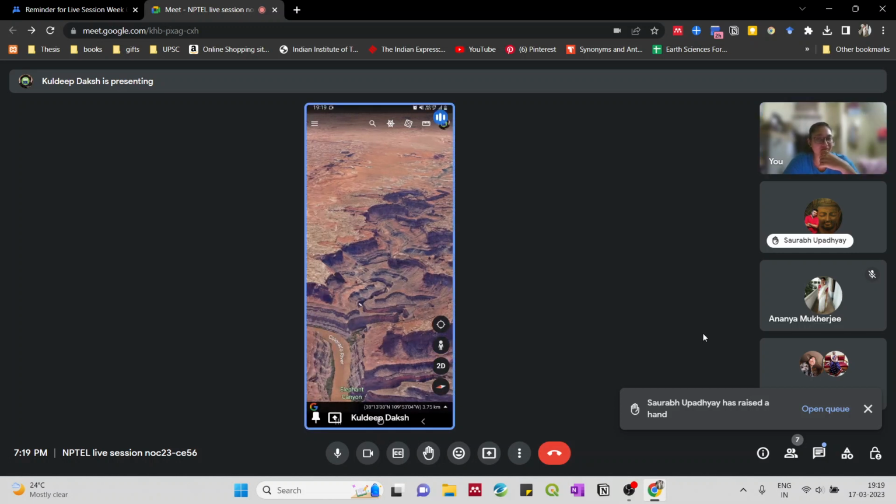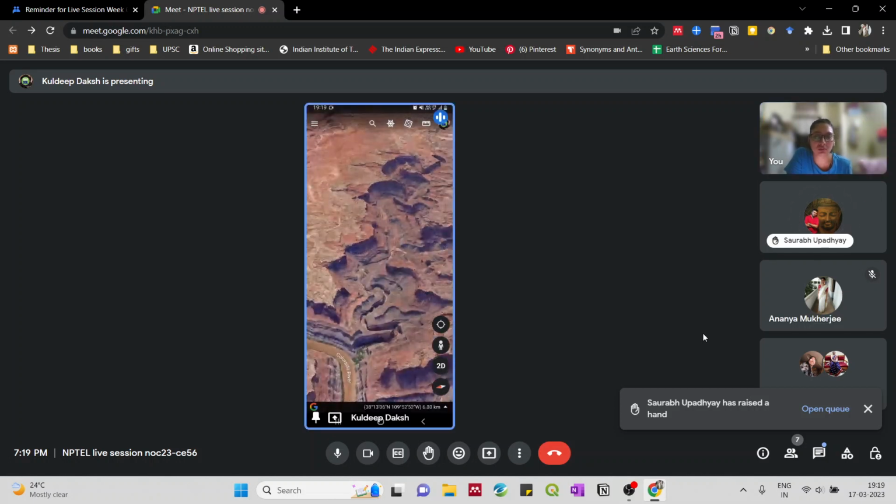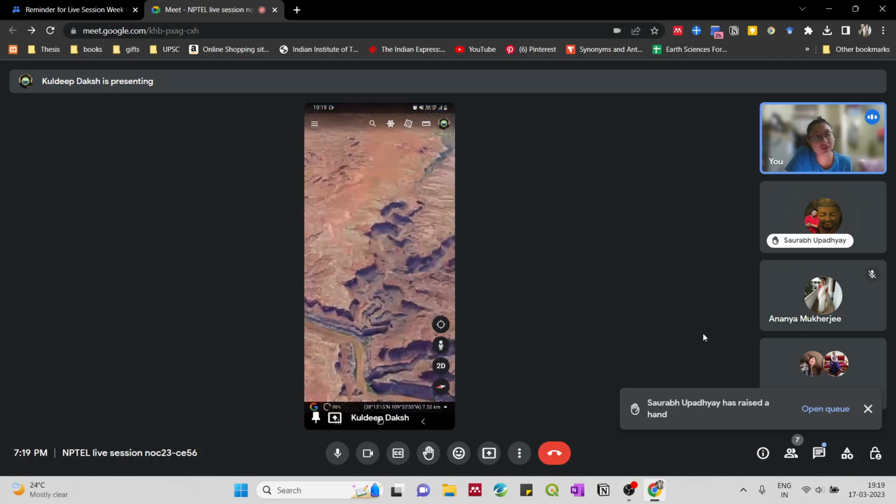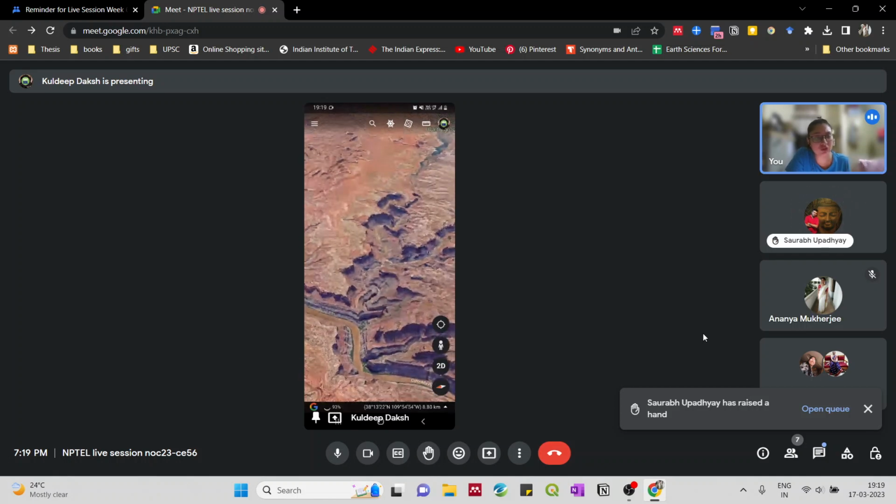Ma'am, longitudinals are not that hard. See, any sort of dunes are mostly made up of sand only, so hard rock you cannot get with sand. These are sorted materials, fine grains, actually sedimentary rocks which have been formed much in the past.